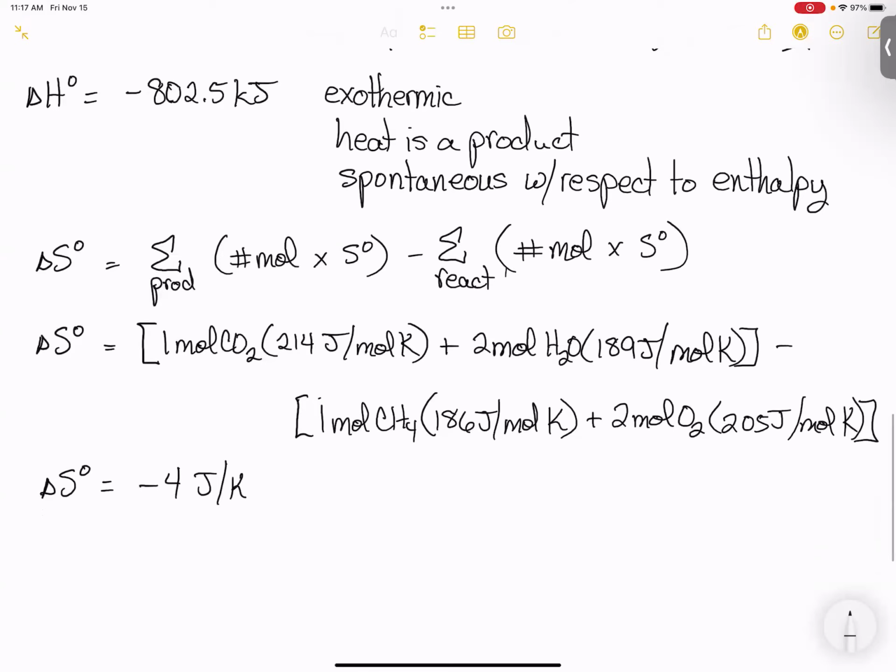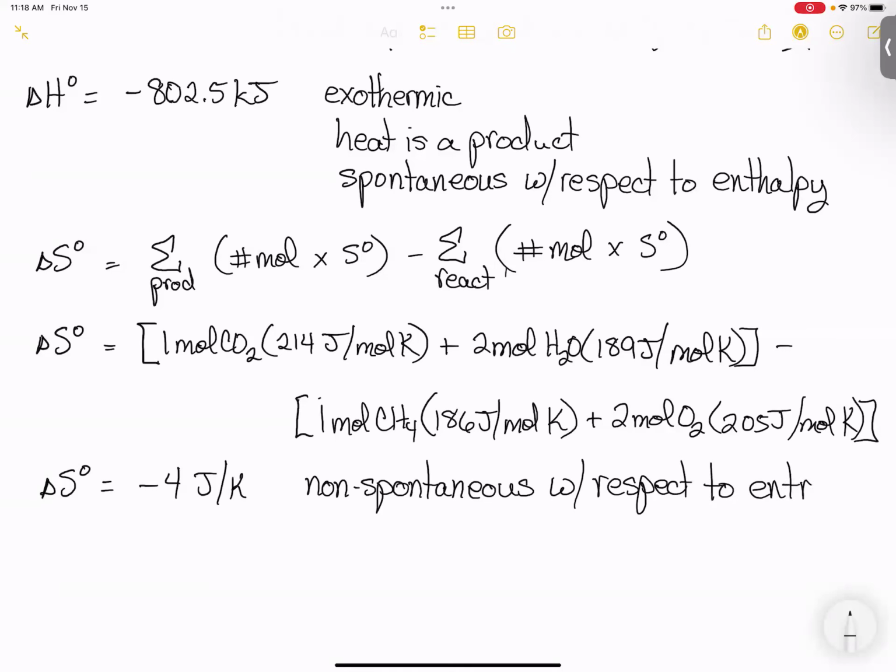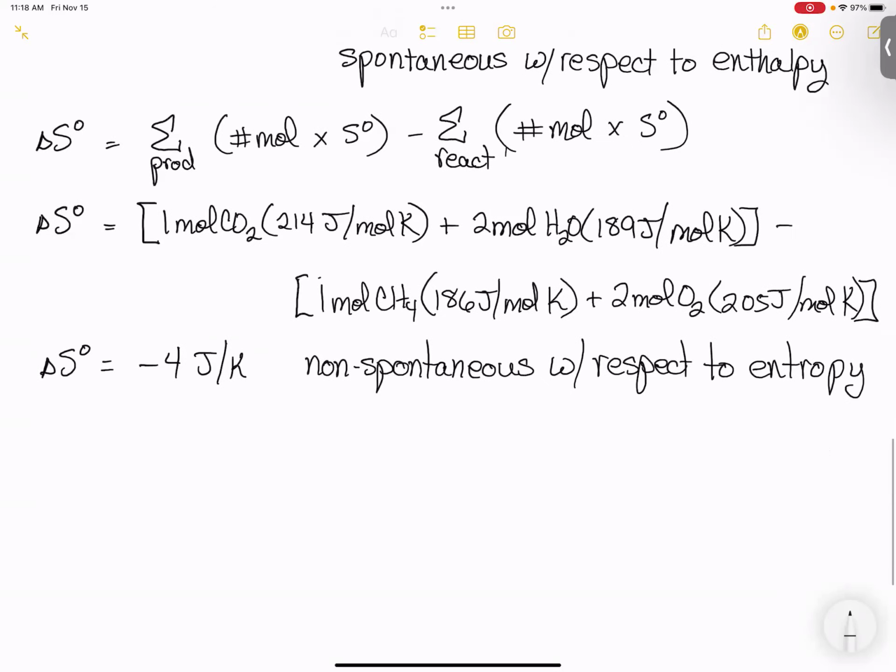So with respect to delta S, this is non-spontaneous with respect to entropy. Now that you have your S and your H, your enthalpy and your entropy, you can calculate delta G.